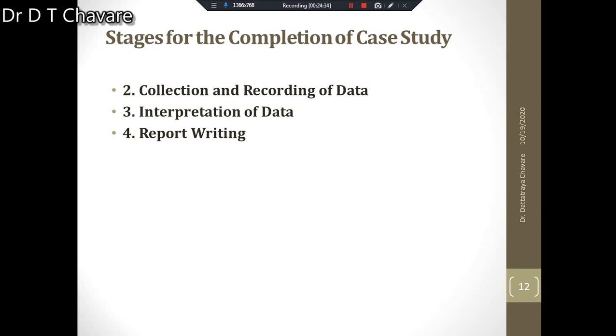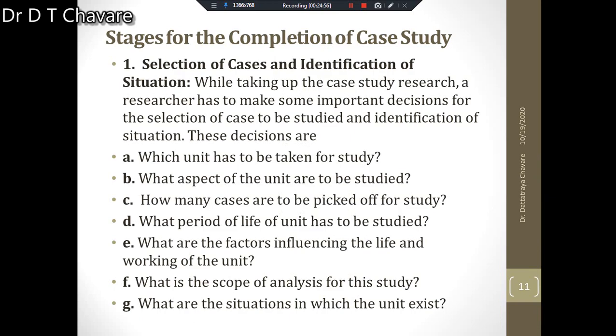Reporting must be done in such a way that the reader can easily understand the proceedings of the case study and even verify the validity of conclusion. It means that all these things you can understand in detail. In this way, report writing is the last stage of the compilation of the data.